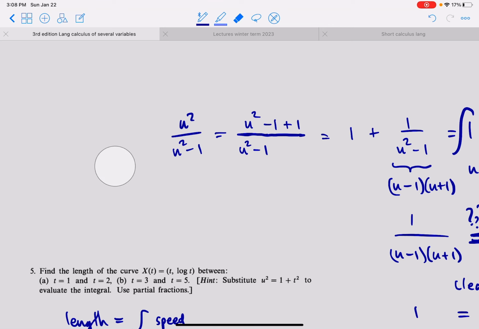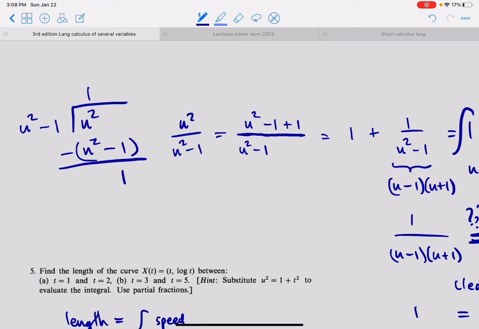So u squared divided by u squared minus 1. Okay, how many times does u squared minus 1 go into u squared? Once. Then I get a whole u squared minus 1, which I will subtract. This is how you do division. The u squareds cancel, then I get a plus 1. And that's my remainder, because u squared minus 1 doesn't go into the plus 1 anymore.